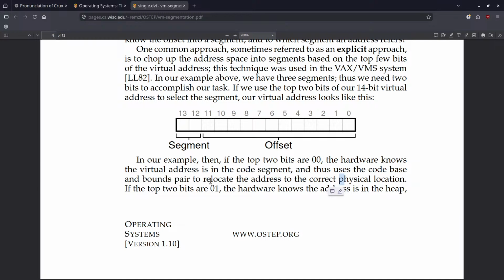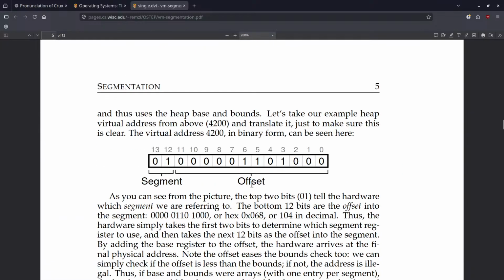If the top 2 bits are 01, the hardware knows the address is in the heap and thus uses the heap base and bounds. Let's take our example heap virtual address from above and translate it to make sure this is clear.